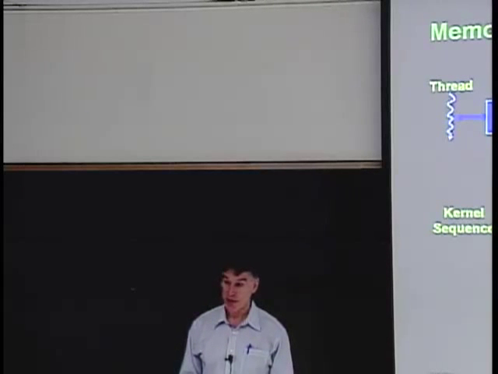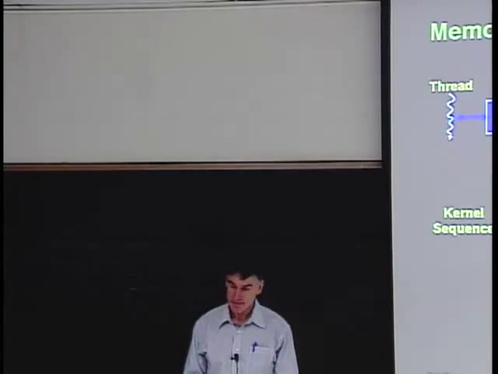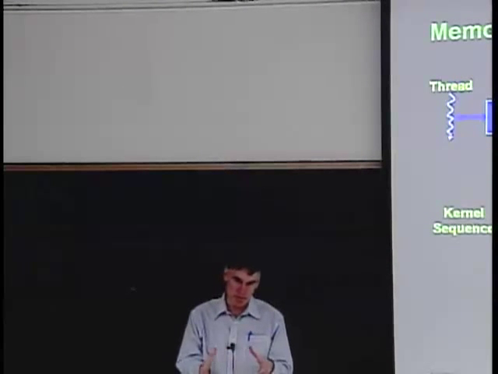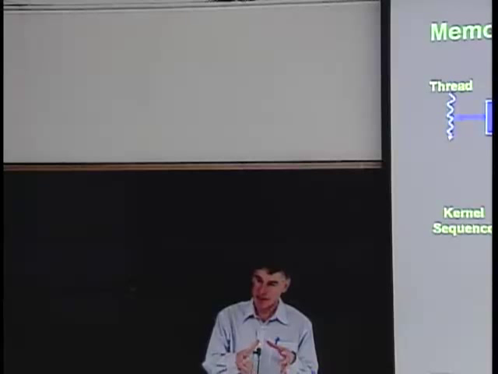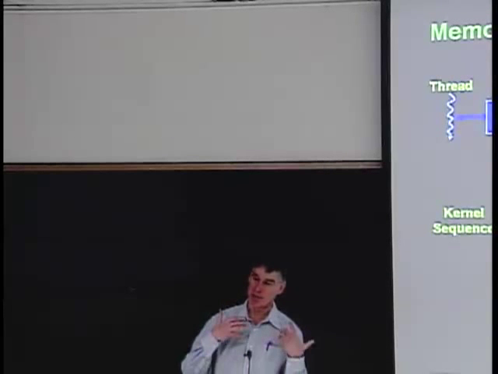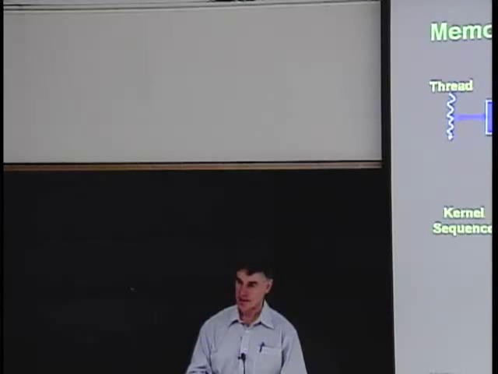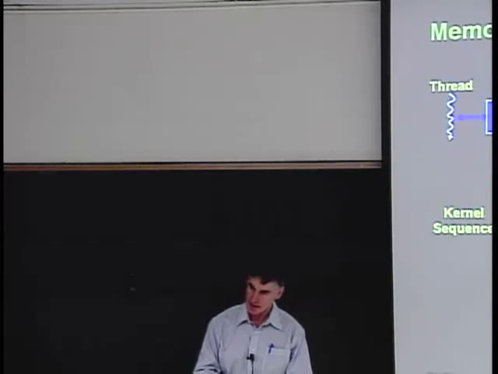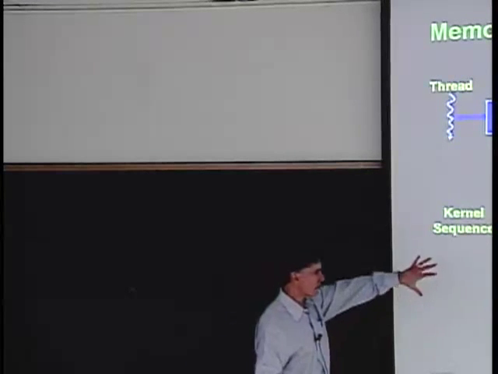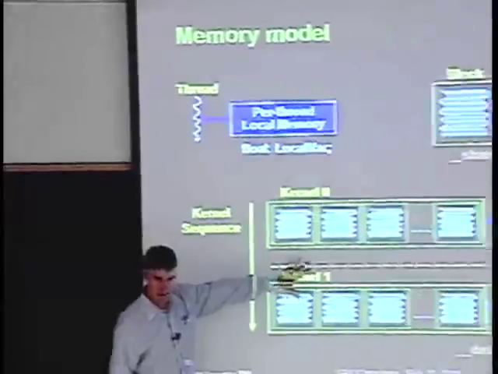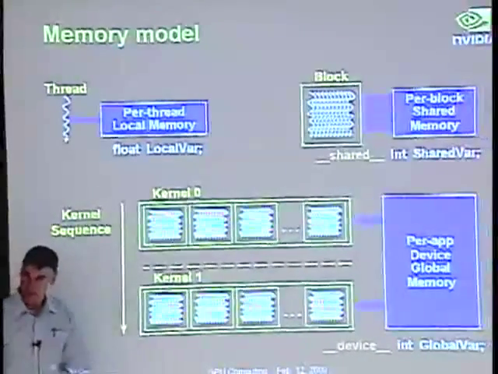Well, in a GPU, we can have hundreds and even thousands of loads in flight, because we have to do that in order to cover the long latency. So the whole structure of a GPU is completely different because it's aimed at bandwidth and throughput, not at reduction of latency.